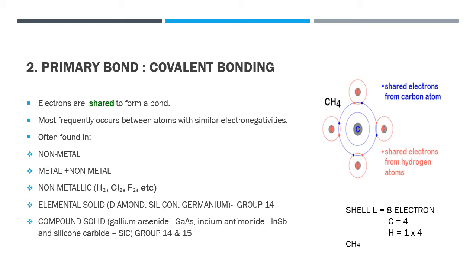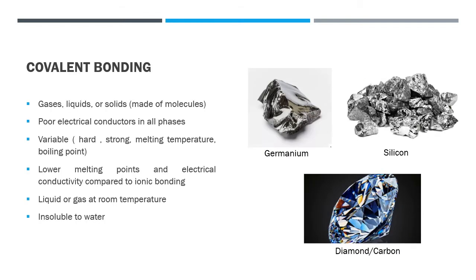As you can see, each element shares electrons in the outer shell to complete 8 electrons in the outer shell. So it became CH4. Different from ionic bonding, where they transfer the electron, this one they share the electron.